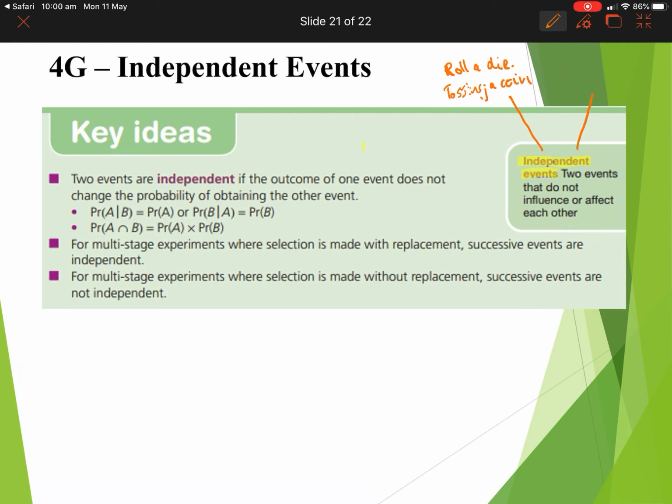Something that we call dependent, the opposite, is an event that will influence my next event. Something I thought of would be the probability of it raining. Let's say there's a 90% chance that it's going to rain. That's going to affect the probability of whether I have an umbrella with me or not.